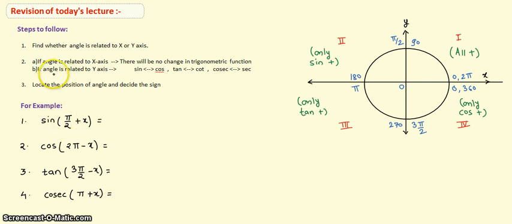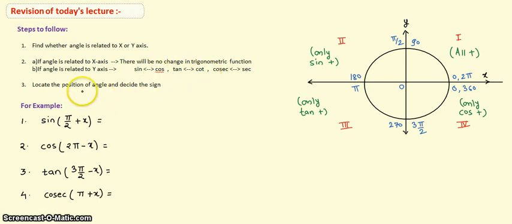So if the angle is related to the y axis, you have to convert sine into cos or cos into sine, tan into cot or cot into tan, and cosec into sec or sec into cosec, right? So in step number 1 you are finding whether the angle is related to the x or y axis. In step number 2, if the angle is related to the x axis, there will be no change in the trigonometric function. If the angle is related to the y axis, you have to convert the trigonometric function as per this rule.